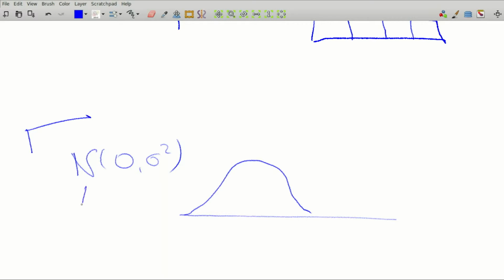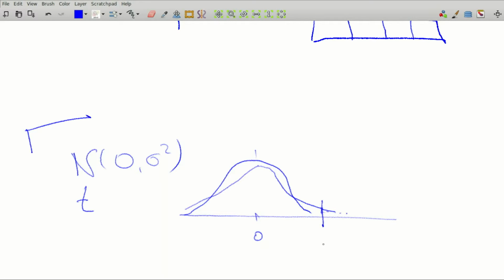For a t density, we would also be centered at 0, but we would have slightly heavier tails, and thus the quantiles are slightly larger.